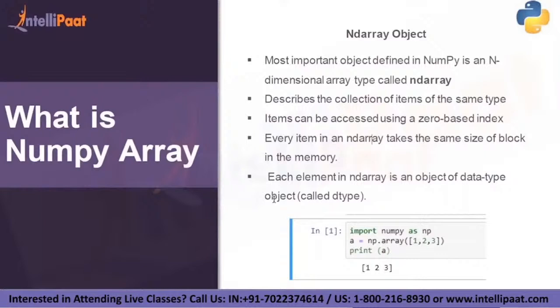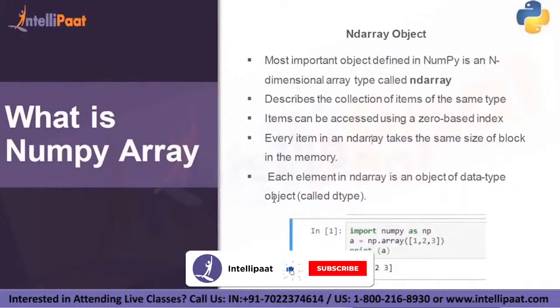Next is why we use NumPy arrays. In NumPy, these ndarrays have all the items of the same type. It can't be that one of them is int and one of them is a string; all of them have to be int. Items can be accessed using a zero-based index, as Python lists also start from zero indexing, right?